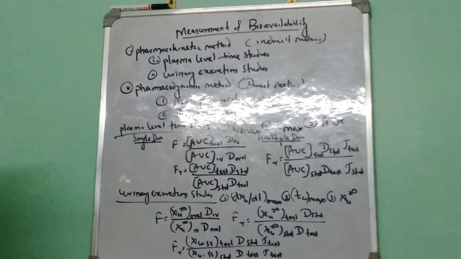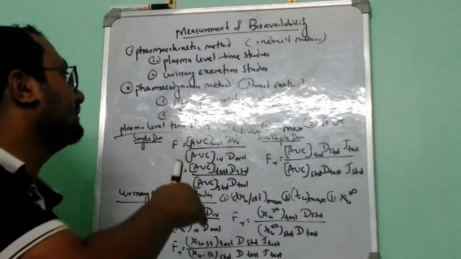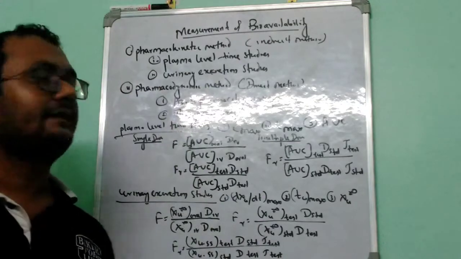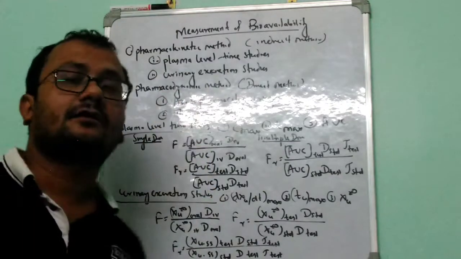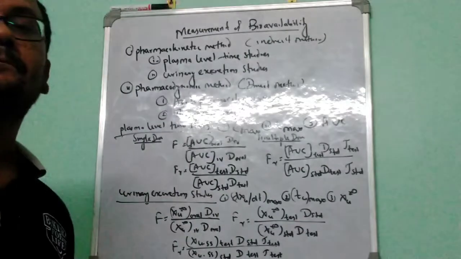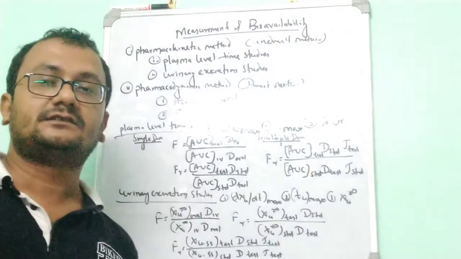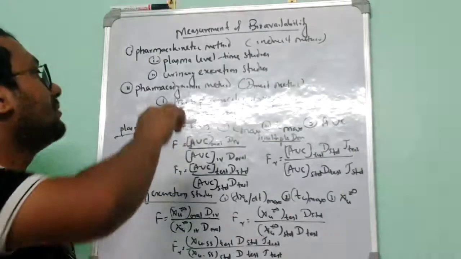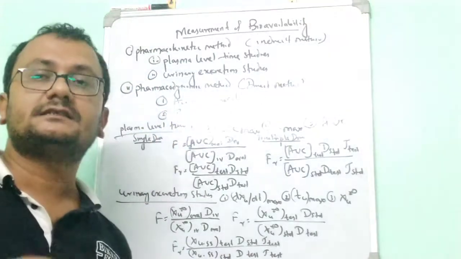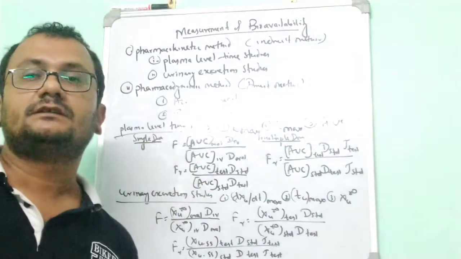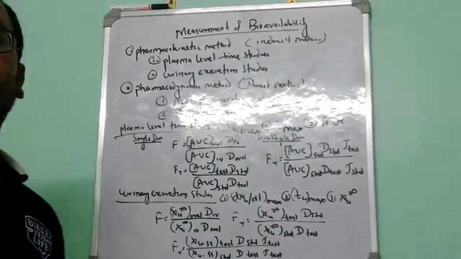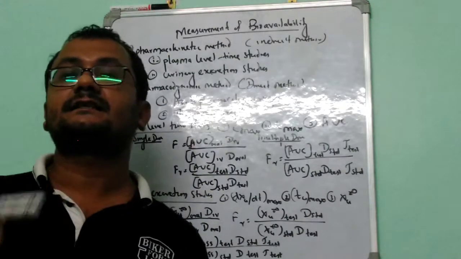These are the indirect methods. Now in the pharmacodynamic method, a direct method is also there. When these two methods are not possible, when pharmacokinetic parameters are not possible, in those cases we go for the pharmacodynamic method, which is the direct method. In acute pharmacological response, when we give the drug, we see some changes in the body.